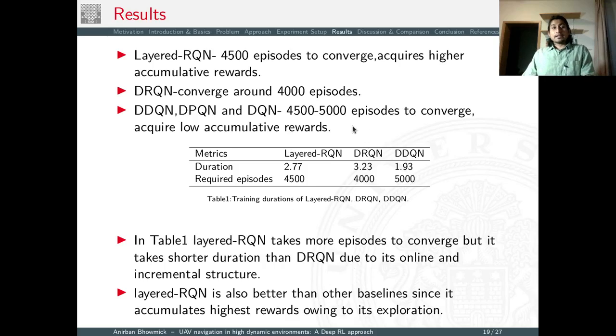In this table, we can see that the layered RQN takes more episodes compared to DRQN. This is due to its online learning structure, but the computational time that we spoke of earlier is much faster. It converges much faster.